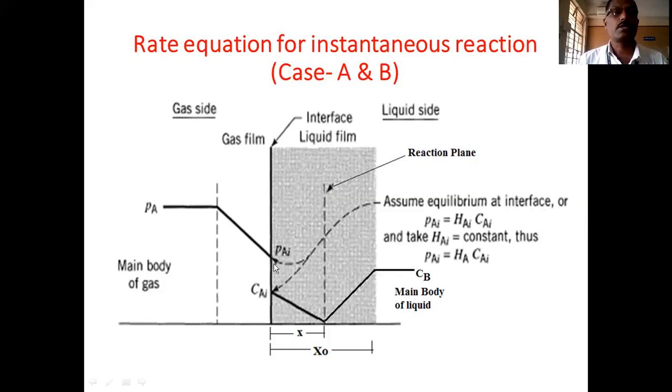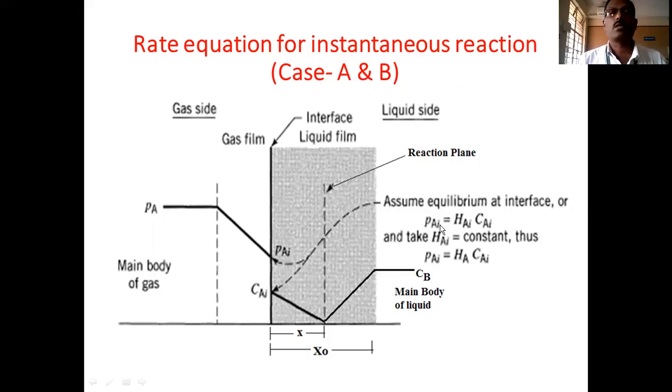A dissolves in the liquid, and the concentration of A at the interface in the liquid film is CAI. These PAI and CAI are assumed to be in equilibrium by Henry's law, that is PAI is equal to HA into CAI, where HA is the constant.